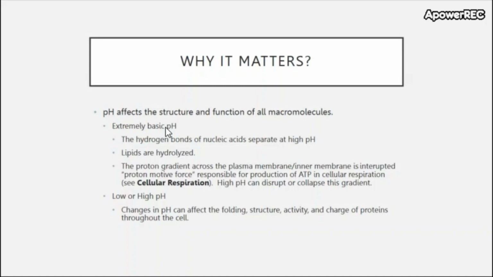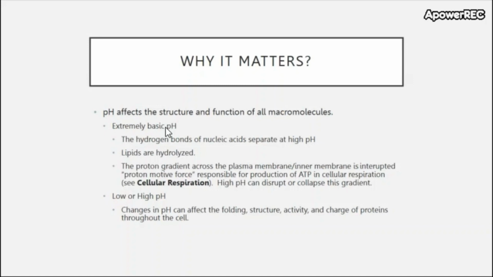And then something called the proton gradient, which is used for cellular respiration. In this proton gradient, there's a difference in the concentration of protons inside and outside of the inner membrane. This is known as a proton motive force, and the proton gradient is responsible for producing ATP, which is, of course, what we know as the energy currency of the cell.